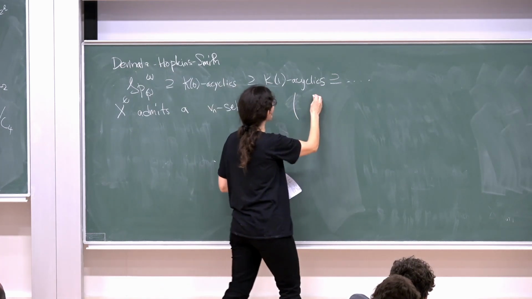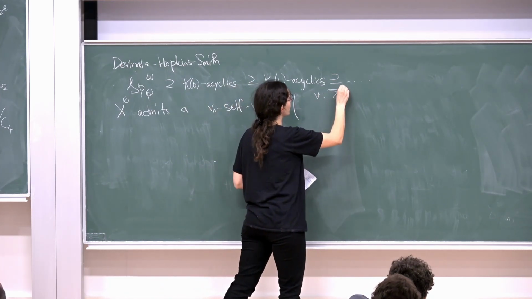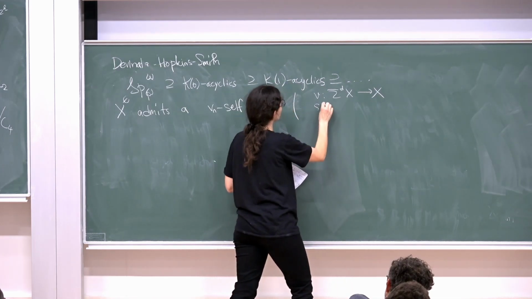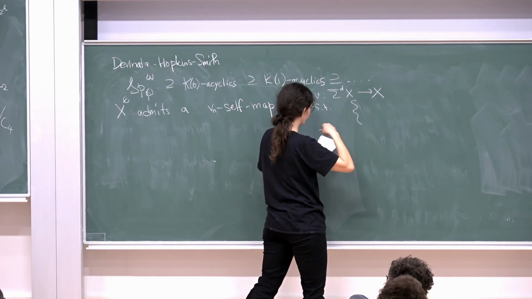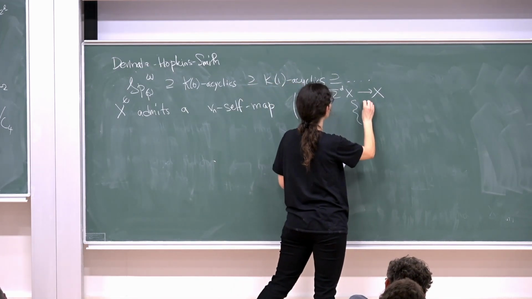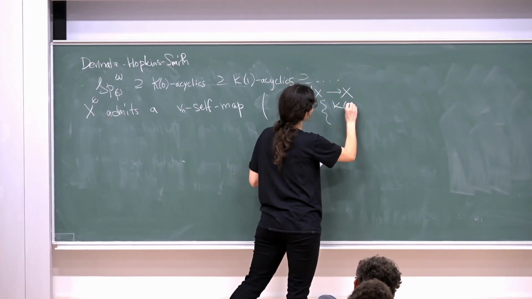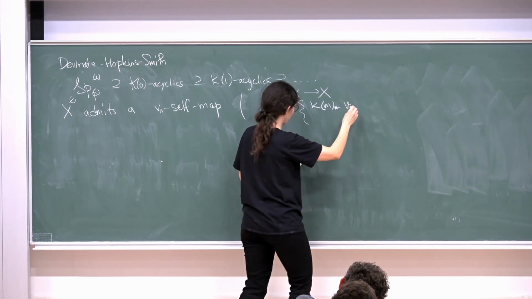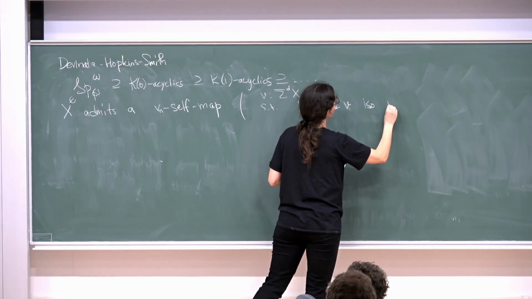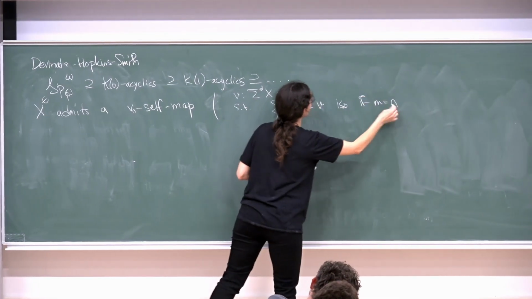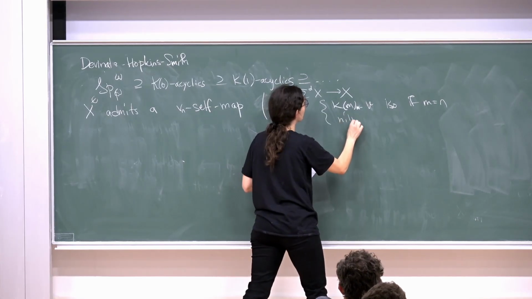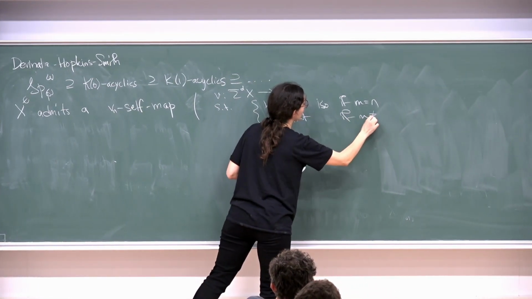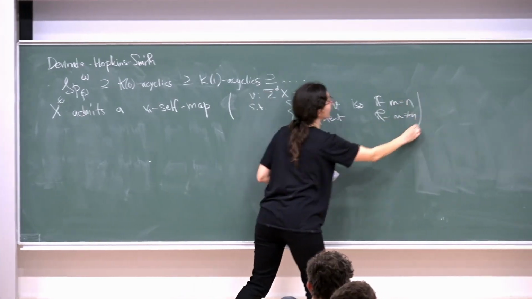It means that there's a map from some shift of X to itself, so that's a self-map, such that if we take the Km homology of this map, we get an isomorphism if m equals n, and we get something nilpotent if m is not equal to n. Okay, so that's what that means.